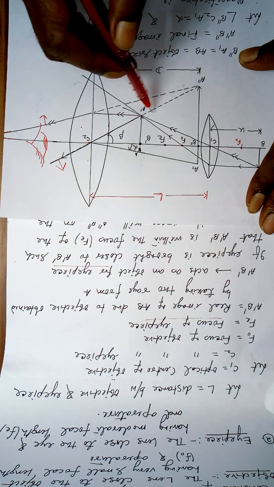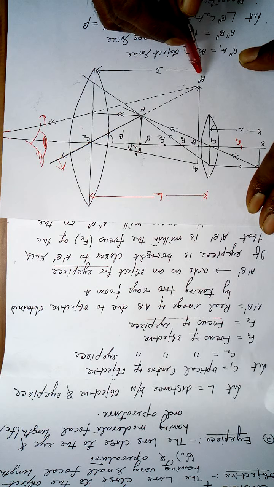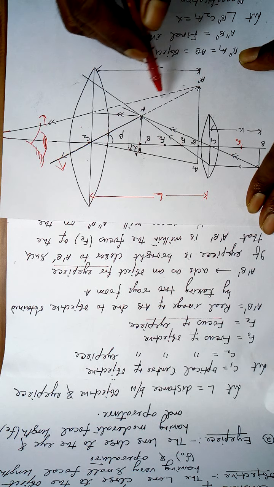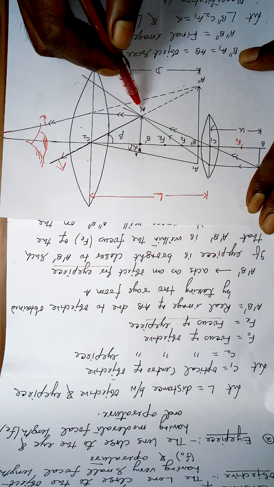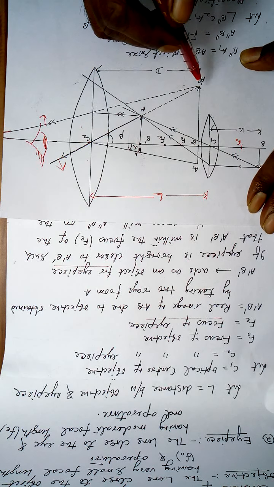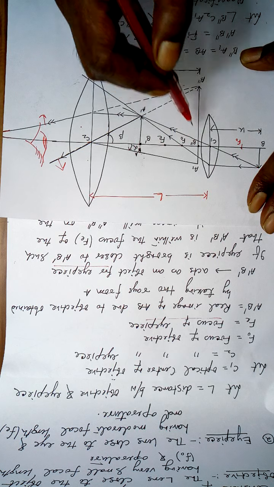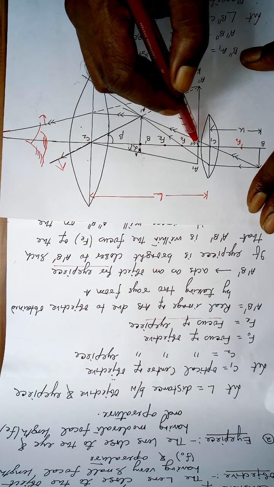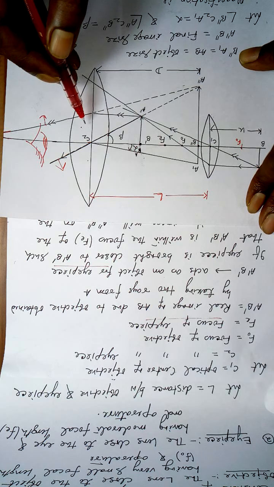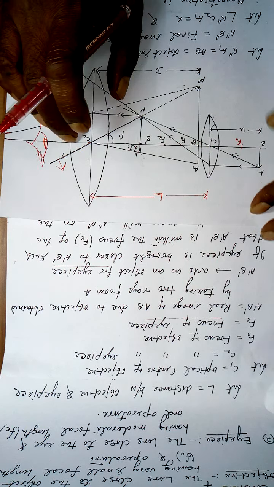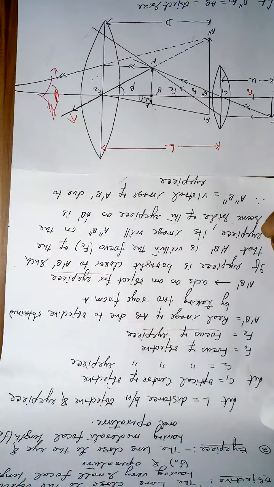When produced backward, they appear to come from A double dash B double dash, this point. So this point is the image of A dash due to this lens. I drop a perpendicular. So A double dash B double dash is the virtual image of A dash B dash due to the eyepiece. That is what I have written here.